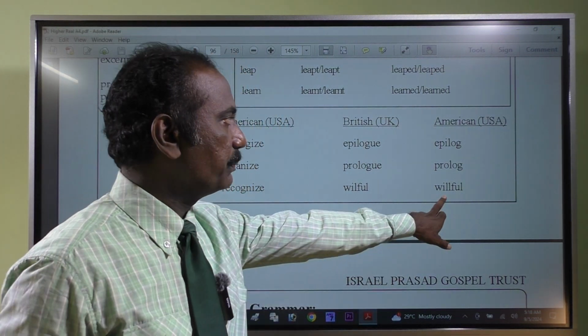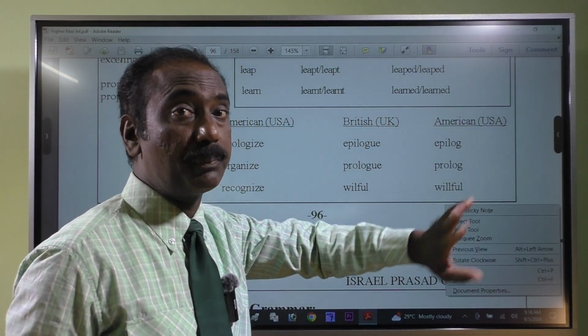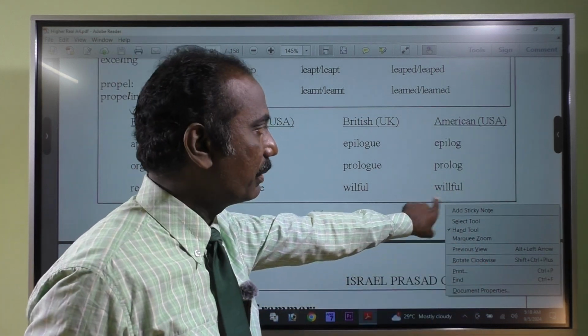Willful: these people use double L here. Most of the places they use single L, but here they use double L.